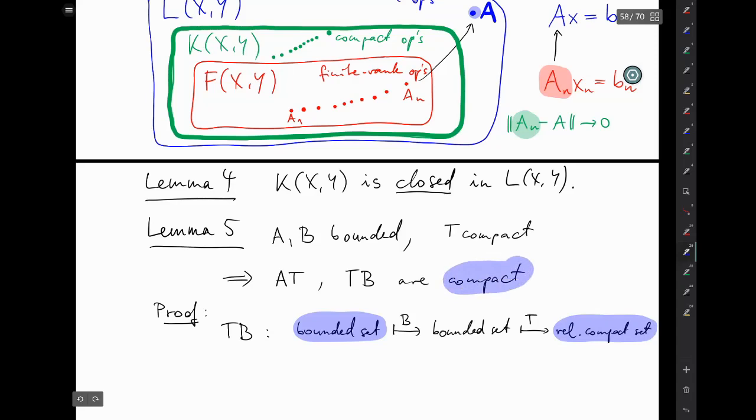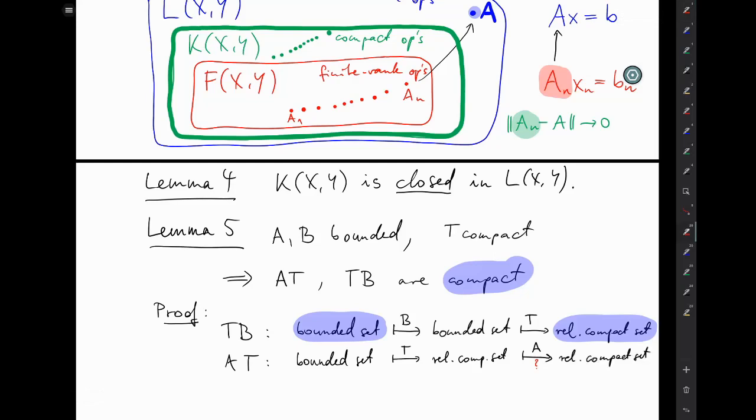Okay, let's try and do the same test for the other operator that we claim to be compact. Now this is AT, which is T followed by A. So again, start with a bounded set, and this time we apply the compact operator T first, giving us a relatively compact set, and only then comes our bounded operator A, and what we have to show is that the result will again be a relatively compact set.